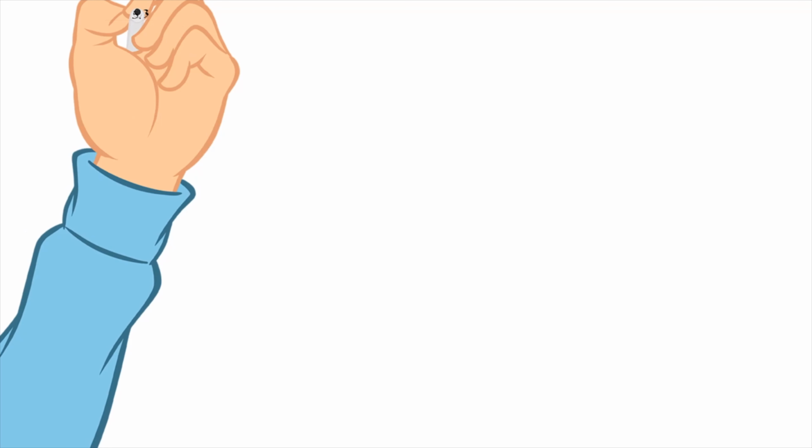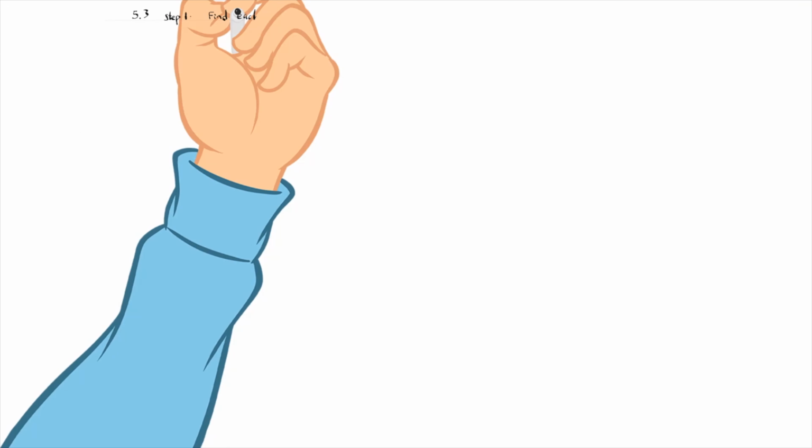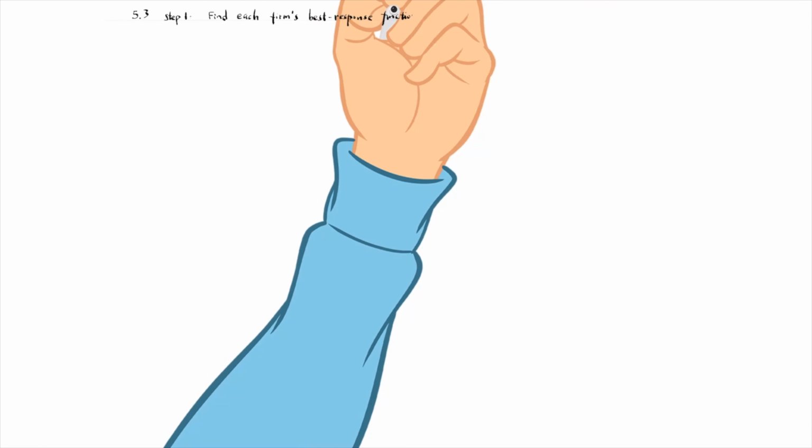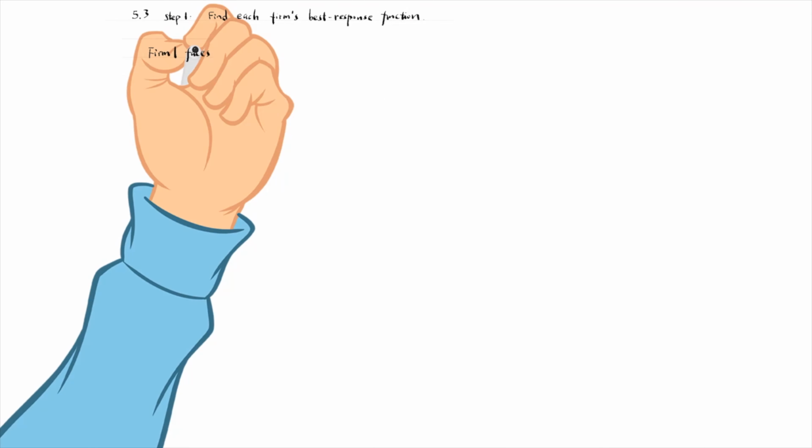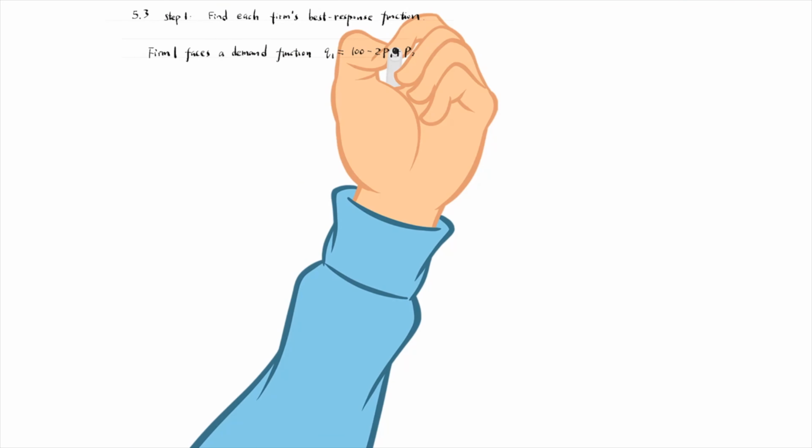We find the Nash-Bertrand equilibrium in 2 steps. In the first step, we derive each firm's Bertrand best response function. Firm 1 faces a demand function, and we write its profit function.